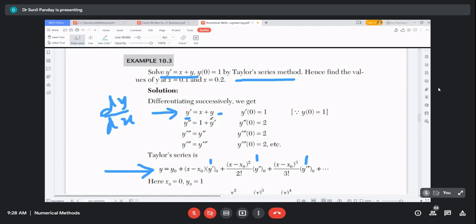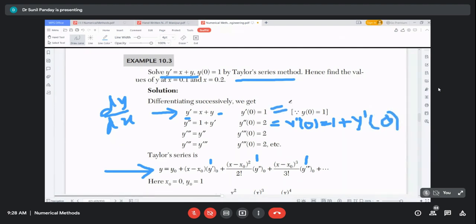Differentiation of x is 1, and differentiation of y is y dash. And then you have to calculate y double dash 0 because it is required here. So y double dash 0 is equal to 1 plus y dash 0. But what is the value of y dash 0?